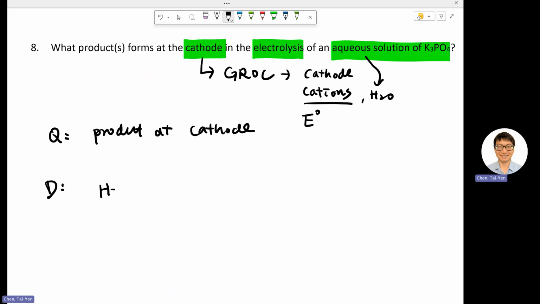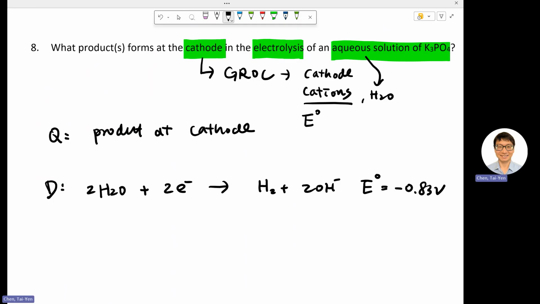H2O undergoing a reduction reaction, and then you should have your reduction potential equal to negative 0.83 volt. So that's the first species we want to write.